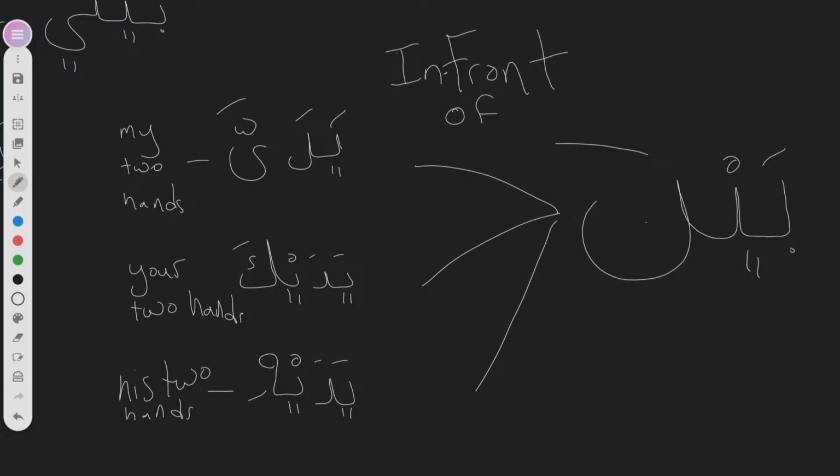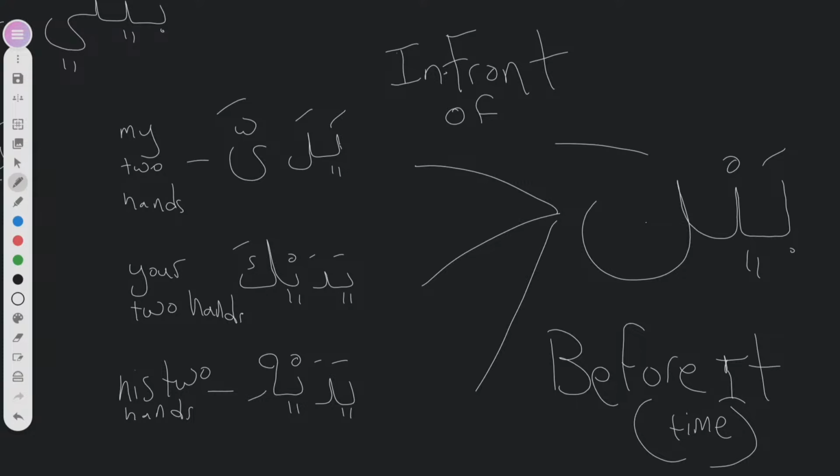Or it can mean in front of or before it with regards to time. So if we say before it, that which is before it, when we use this meaning, we're talking about what? Time.